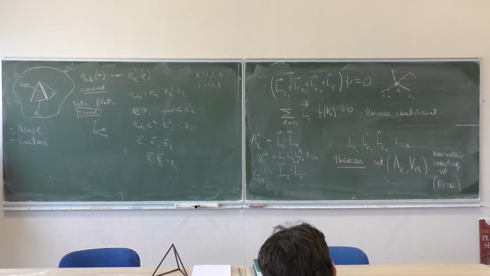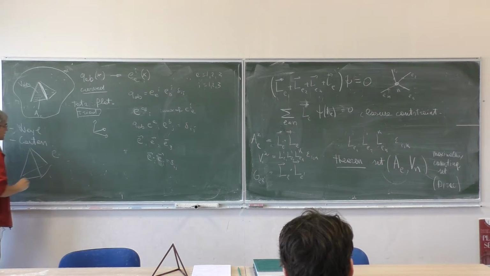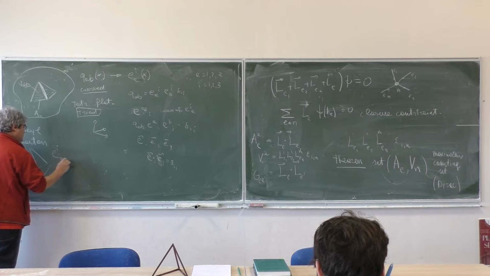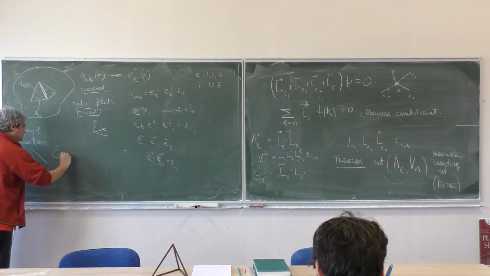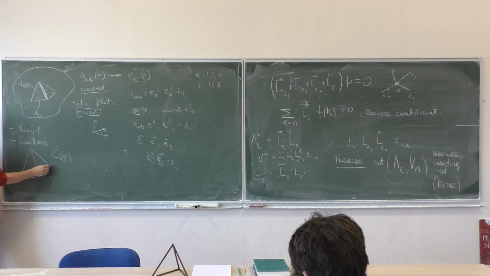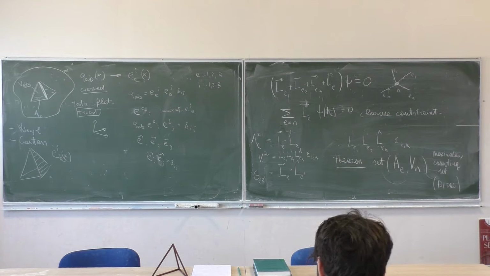Now, if you have this tetrahedron and you have this quantity here, e_a^i, which is a function of x, you can do something with a triangle, which is the following. You can associate a vector to a triangle in the following way.